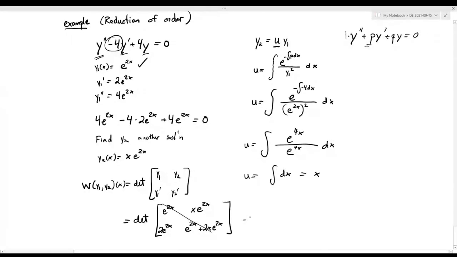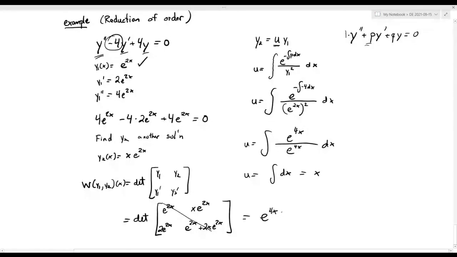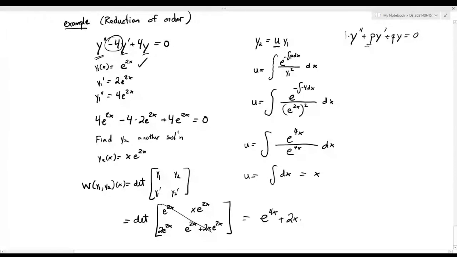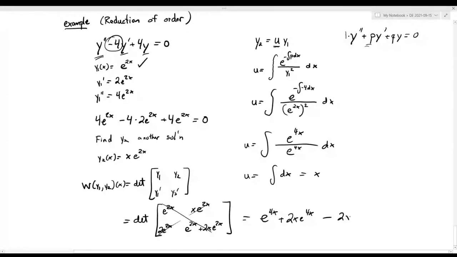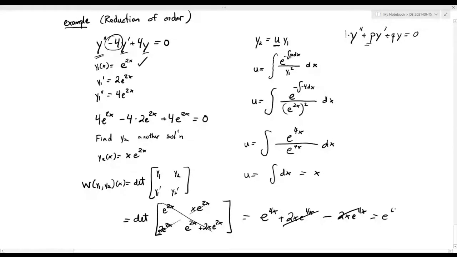We compute the determinant. Indeed, we have e to the 4x, which is always positive, right? So it's never 0. So indeed, y1 and y2 are linearly independent on the whole number line. The Wronskian is non-zero everywhere.